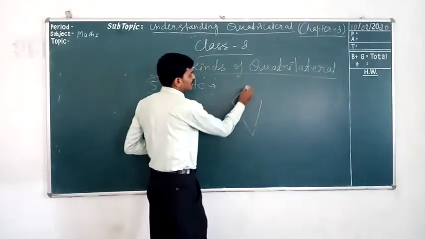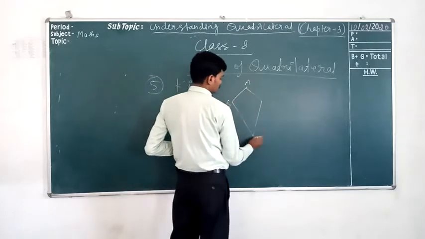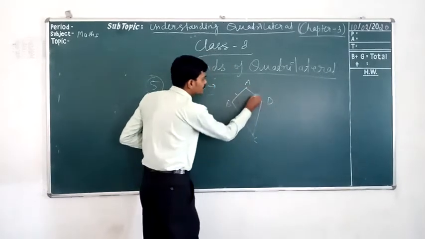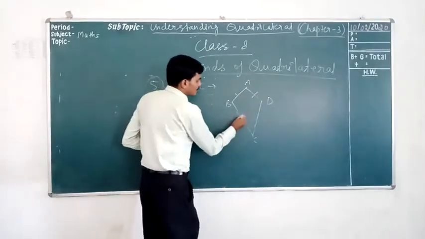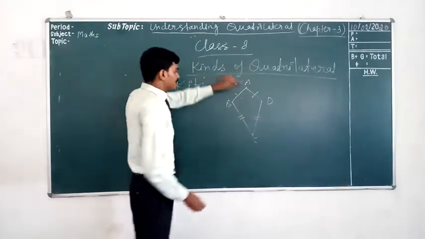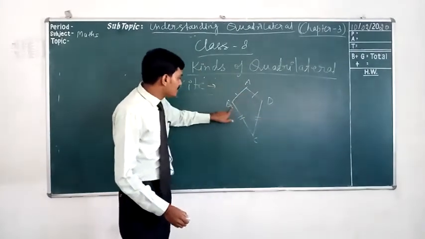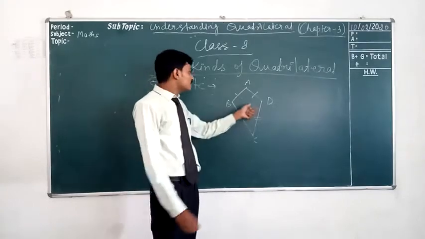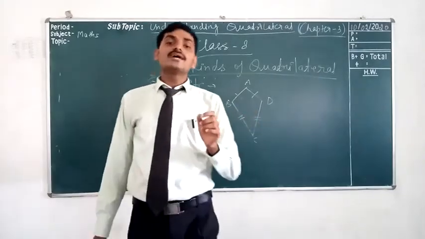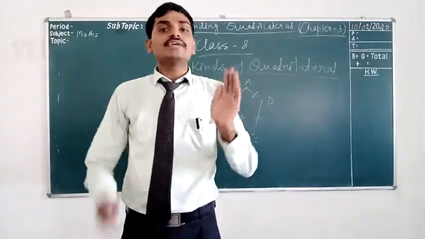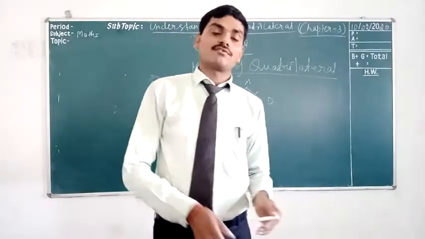Here AB is equal to AD and BC equal to CD. So this is the kite. Kite is a quadrilateral in which adjacent sides are equal.